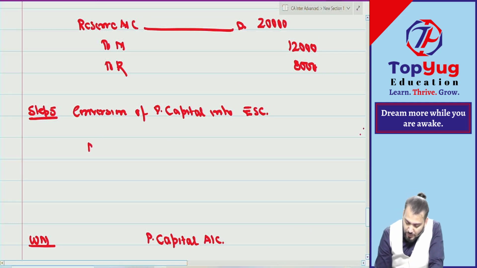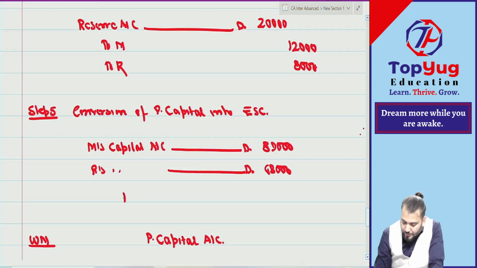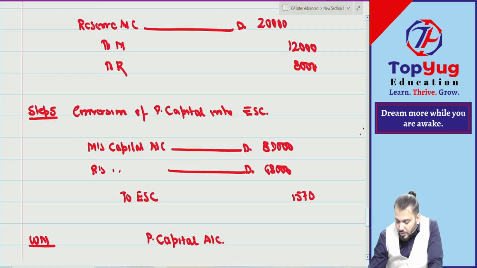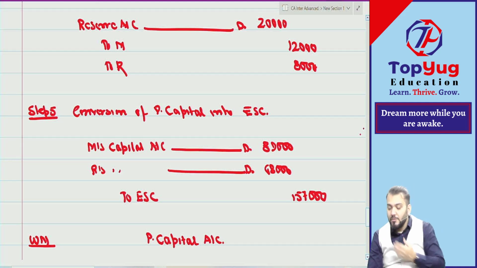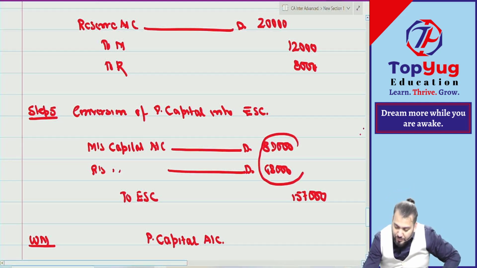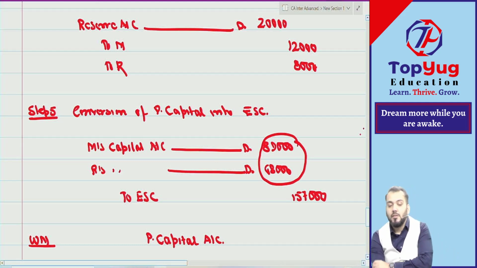M's capital account, 89,000. R's capital account, how much? And PC discharged in the form of equity share capital. There is no difference because goodwill is already recognized. This amount includes the value of goodwill, which is already distributed to partners. Have you understood?